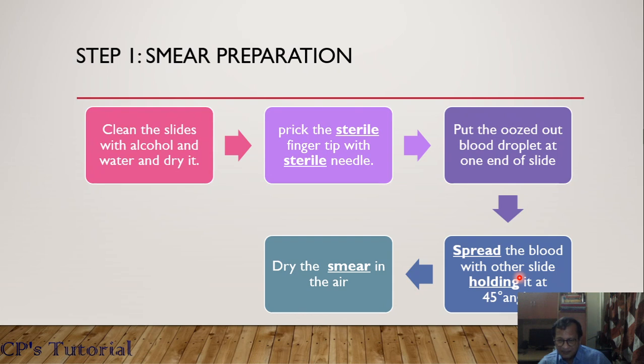Now the third function is to push the second slide at the same equal speed in the forward direction. This will be possible only when you hold the second slide at a 45-degree angle. Otherwise, the smear will be thick, and if it is thick, the corpuscles will not be distributed evenly on the slide for future verifications.